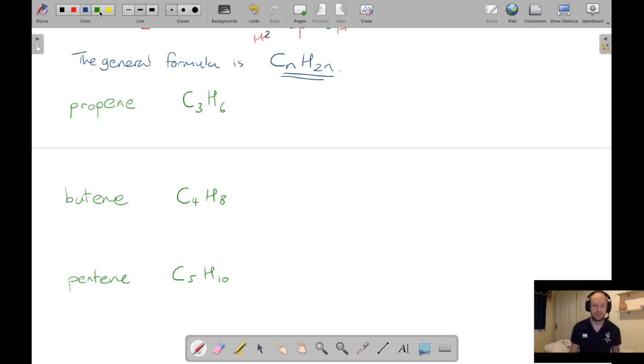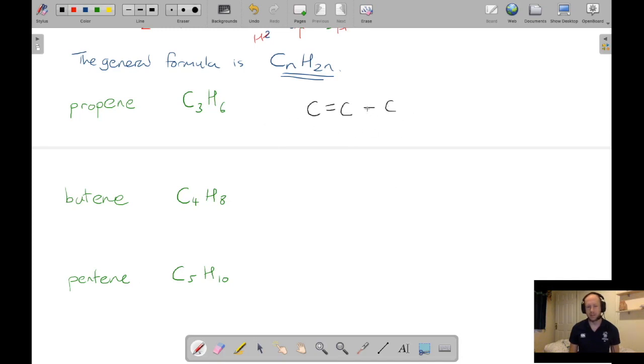All right. So what do these look like displayed? So 1 double bond and then single bonds. This can get a little bit confusing. What you have to do is work out how many bonds are left on each of these carbon atoms.